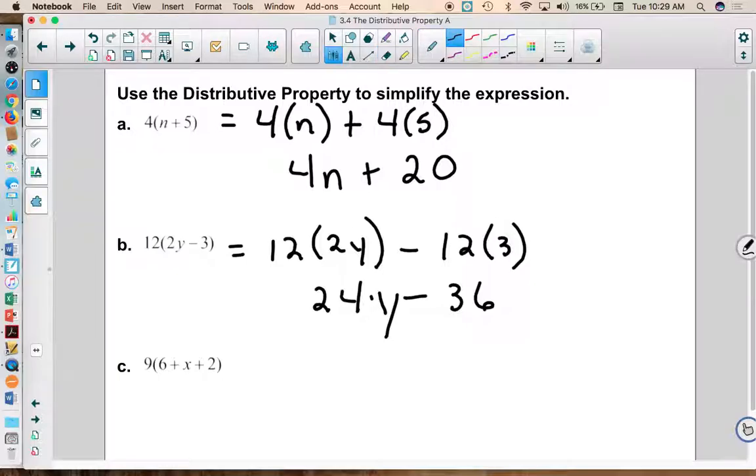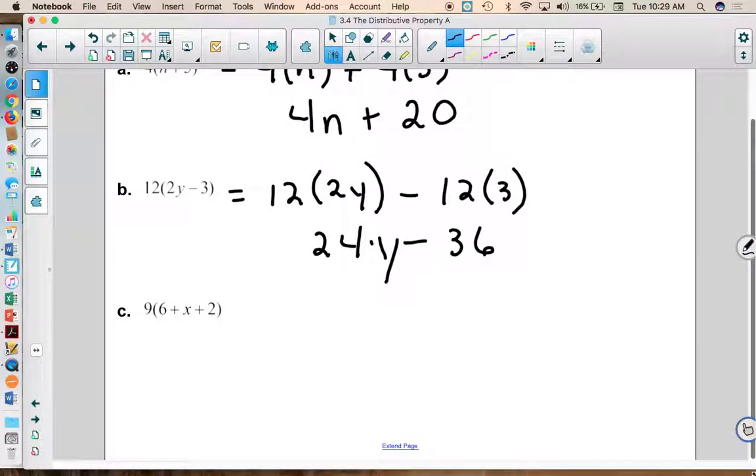Do you see how we frosted both of the pieces of the cake? We had to take the 12 and multiply it by everything that's inside the parentheses. Multiply the factor outside of the parentheses by everything inside.